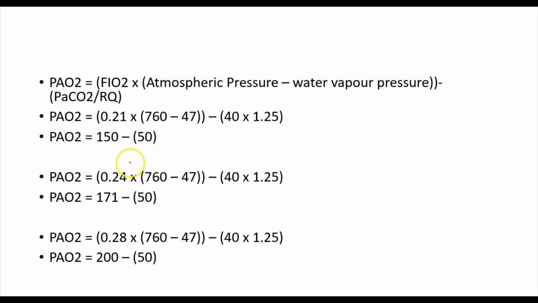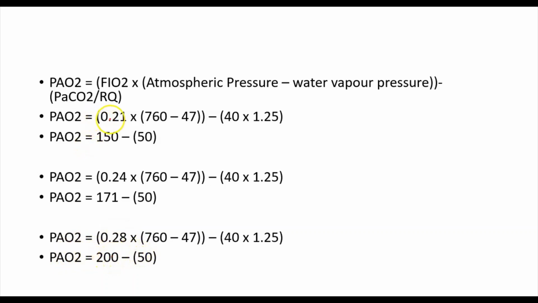Now, assuming the PaCO2 stays the same, which it should unless the patient is severely tachypneic, you can see that simply increasing the FiO2 from 21% to 24% leads to an increase in the PaO2 to about 121. And when you then increase it to 28%, you then increase the PaO2 to about 150.